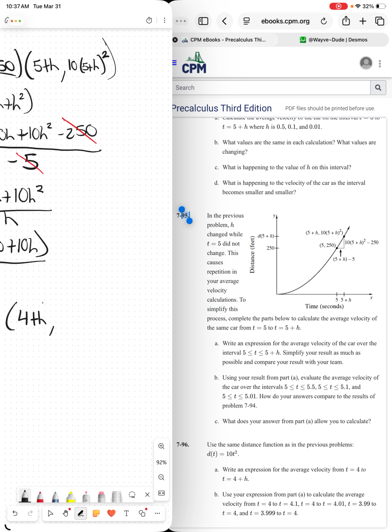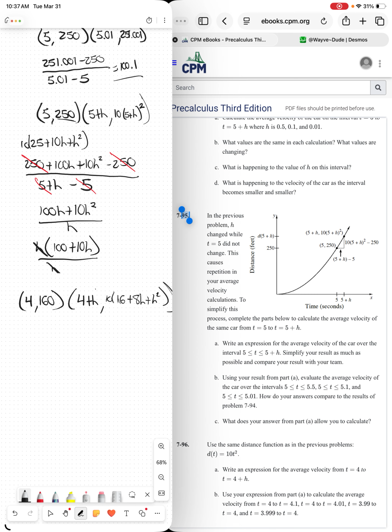So again, this is going to be 10 times, let's do this, 16 plus 8h plus h squared times 10. Right, so then what's our expression going to be here? 160 plus 80h plus 10h squared minus 160 over 4 plus h minus 4. 4's cancel. 160's cancel.